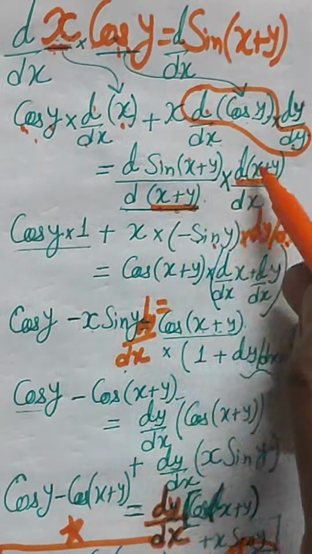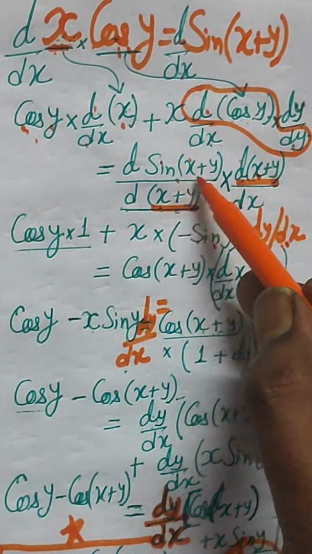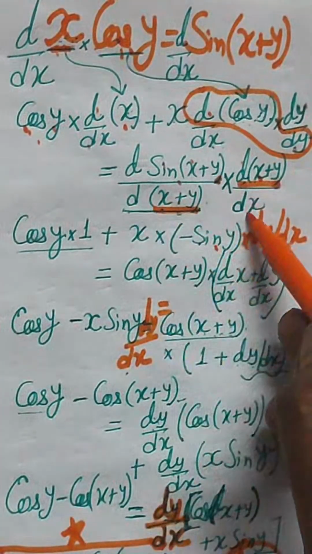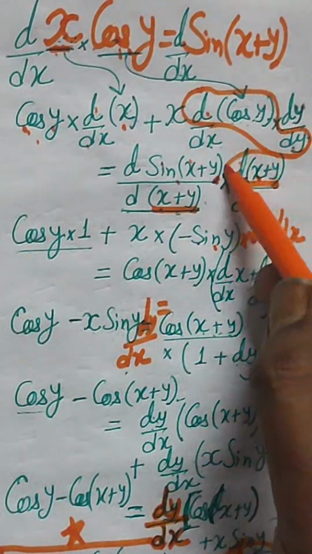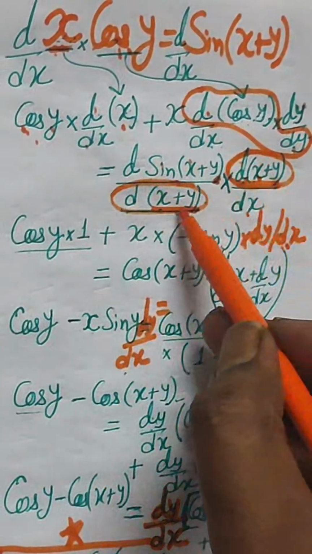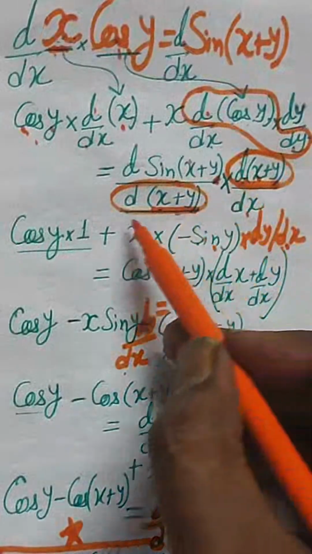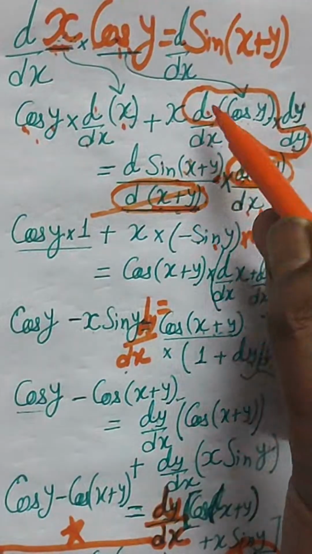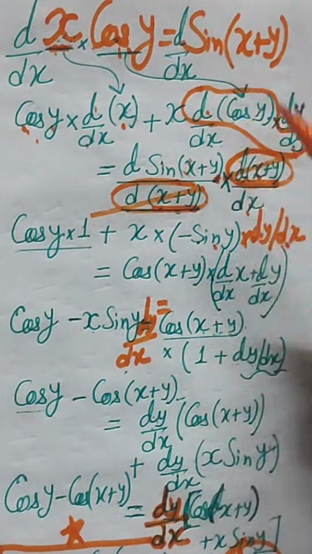And similarly it happened to the RHS also, because sin(x + y) cannot be differentiated with respect to x directly. So that's why d(x + y) you can see here and d(x + y) you can see here, inserted into the numerator and denominator, so that when you cancel this you remain with the same thing as in the previous step, right?